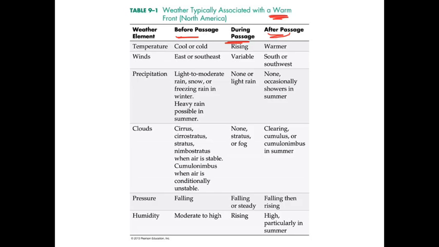Sometimes I feel like posting this on my refrigerator and seeing, is this correct? So before a warm front passes, your winds are generally east or southeast, and then afterwards your winds are from the south or southwest. I don't know. But I do agree, for instance, with regard to clouds, before the passage of the front and after the passage of the front.